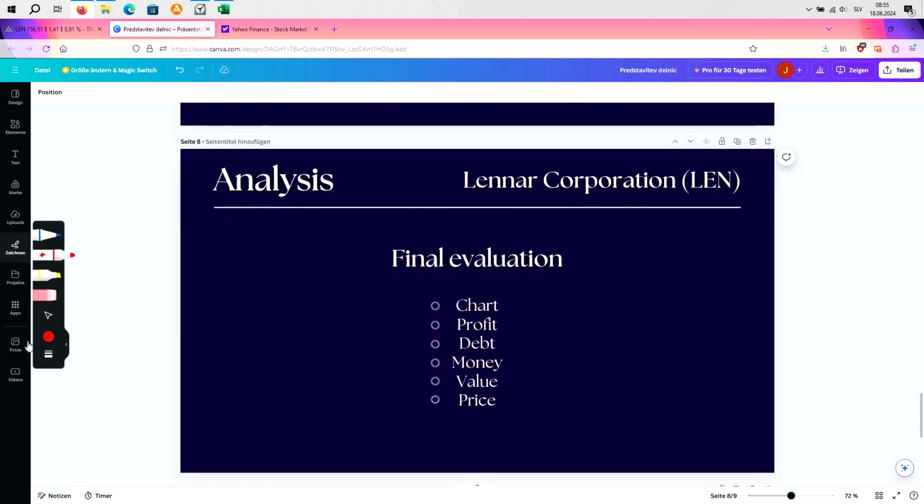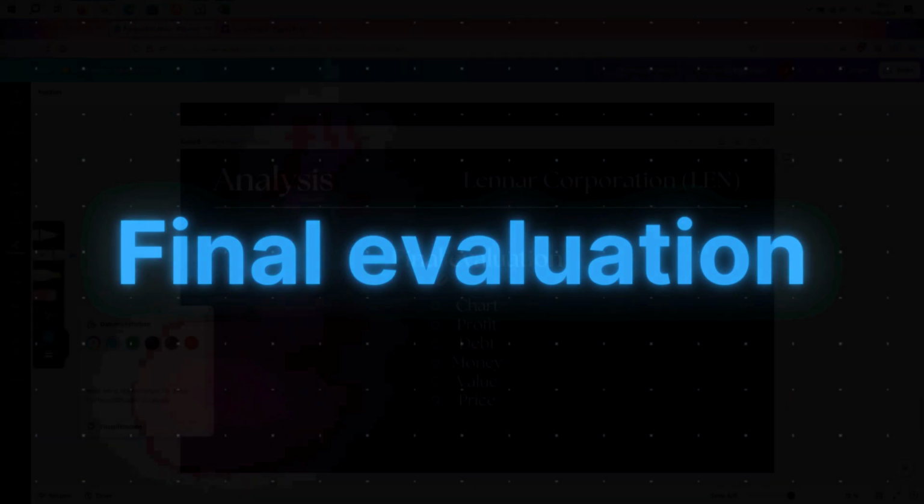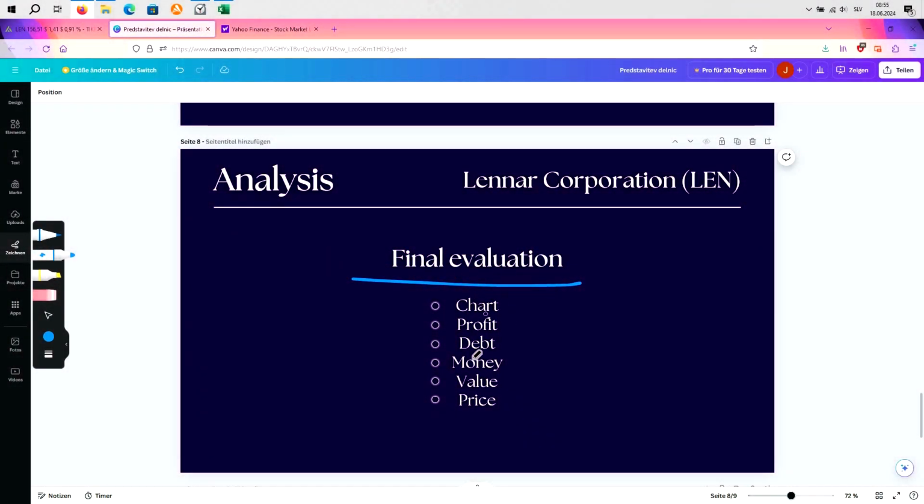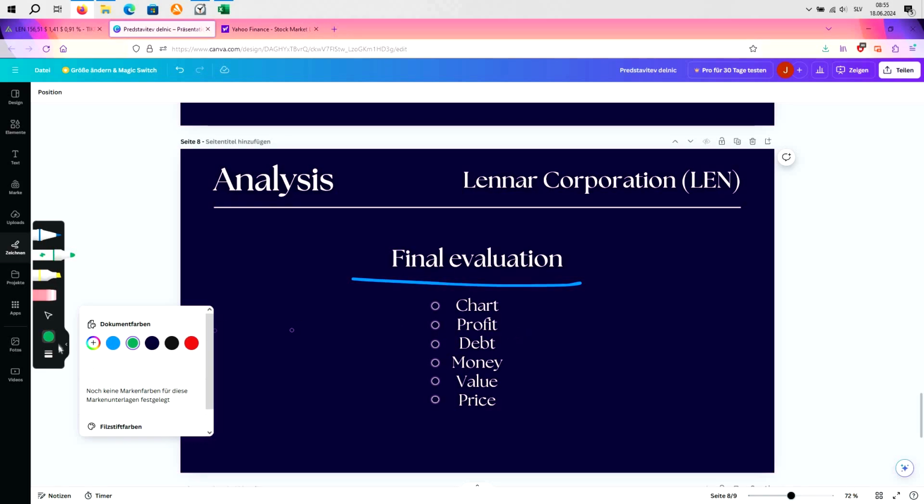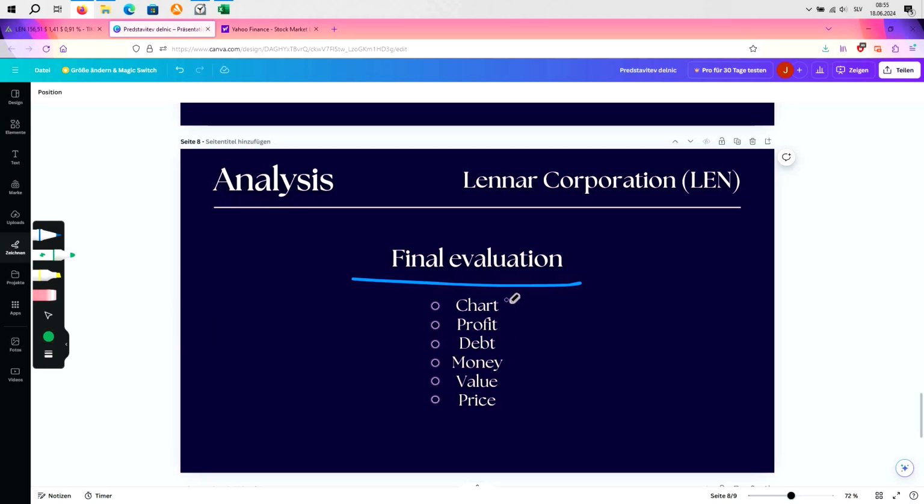And now we come to the final evaluation, bro. And for final evaluation, we will just follow everything that we analyzed so far and then decide whether we should buy or sell it, okay? So in terms of the chart, is chart growing? Yes, it is. If you don't believe me, go like revert a bit and then go watch the beginning of the video. Do they have profit? Yes, they do.